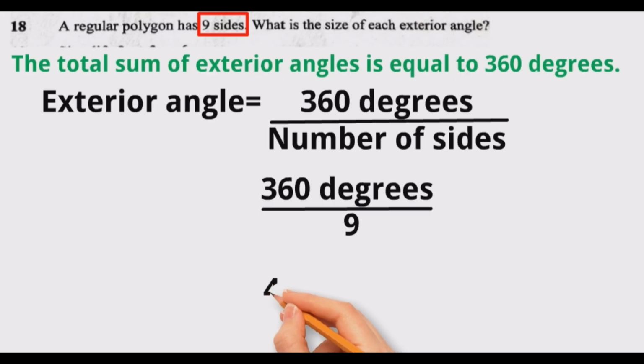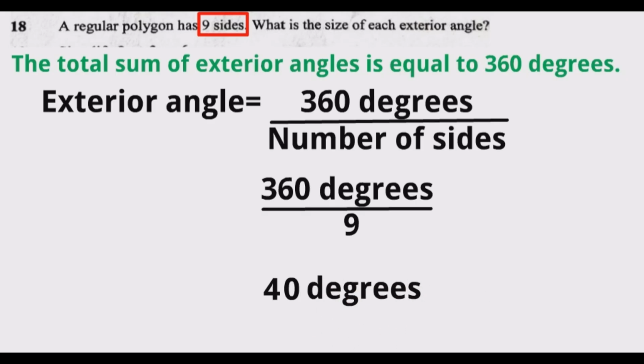It will go 4 times. Is there going to be a remainder? No, there will be no remainder. Have we used the 0 we ignored first? No. So we put the 0 next to 4, which becomes 40. So the size of each exterior angle of this regular polygon is 40 degrees.